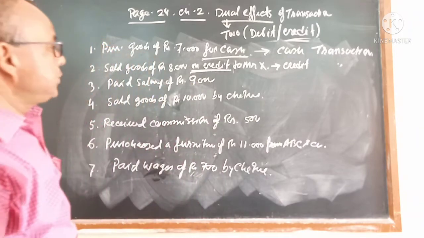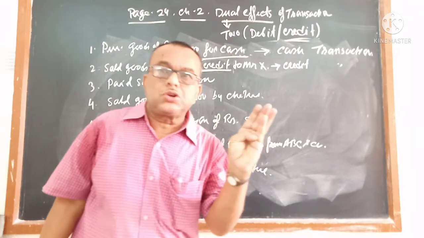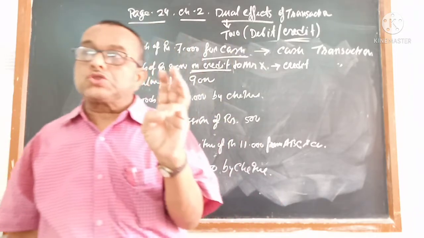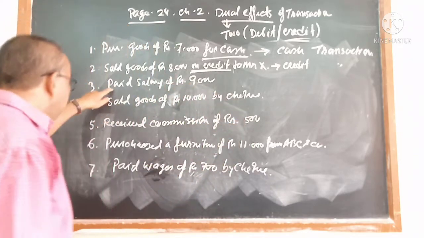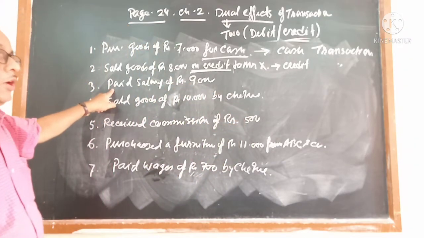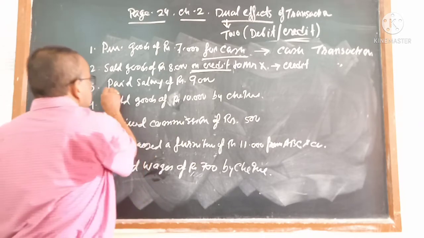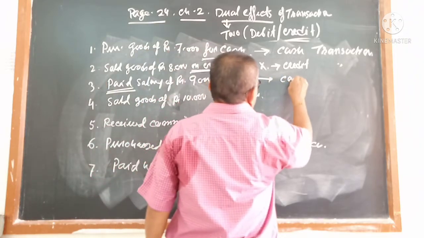Paid salary of ₹9,000. In this sentence, for cash is not there, by check is not there, on credit is not there, party's name is also not there. If all the 4 points are not there, but the word paid, I told paid or received, if it is given, then you should consider it as a cash transaction. The word paid is given, so it is called a cash transaction.